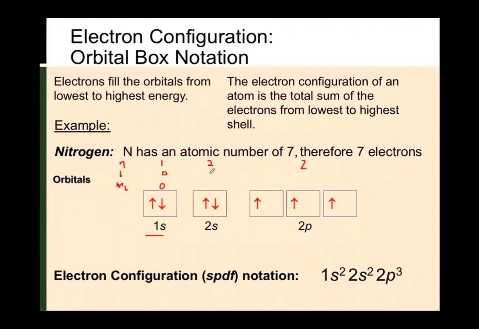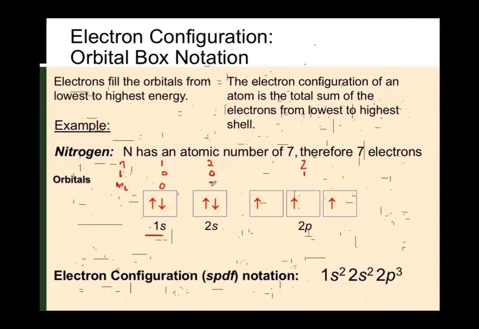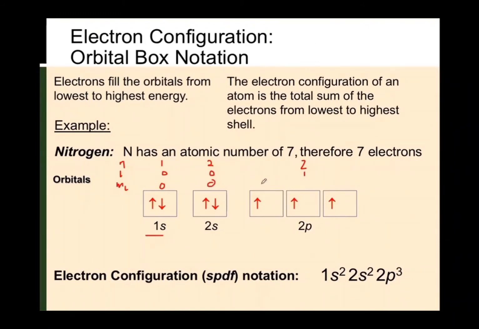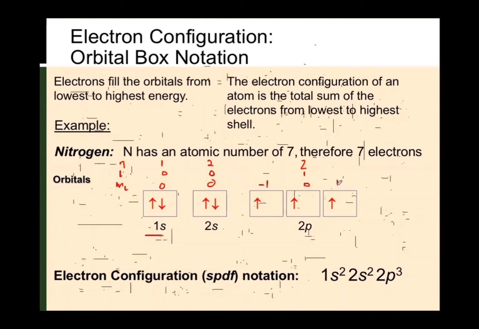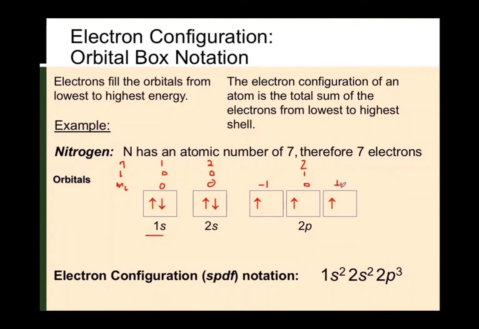We have L equal to 0, and L equal to 1, and here ML is equal to 0, and here we have -1, 0, +1. You could write it as +1, 0, -1 if you really wanted to, but convention is usually minus to plus. It's all good, so long as you realize that there are 3 orbitals.